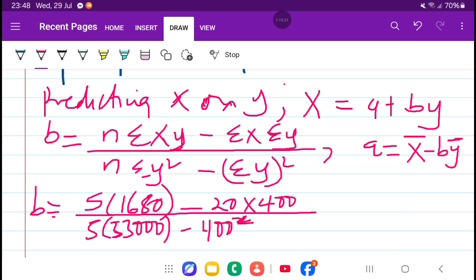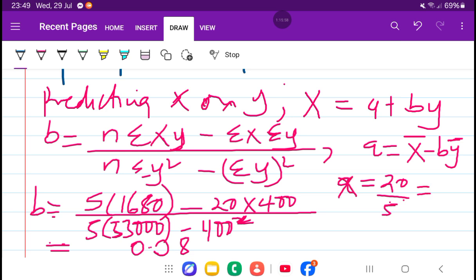And of course, once you put this in the calculator, you'll be getting 0.08. Then now we get the value for a. The x bar will be 20 out of 5, which is a 4.